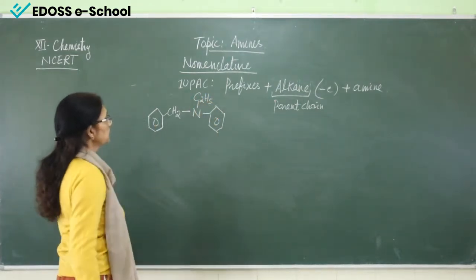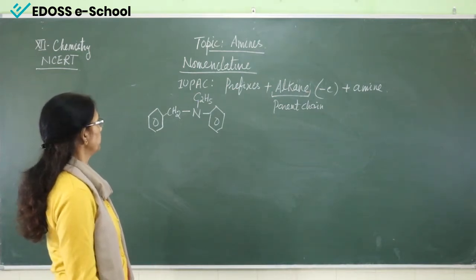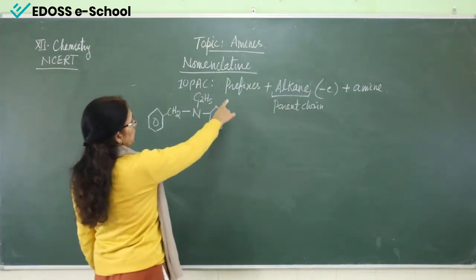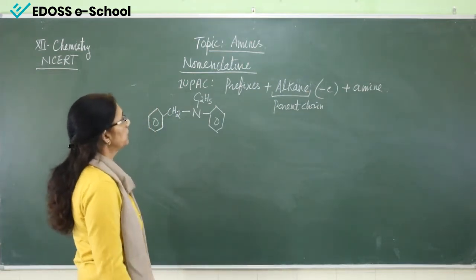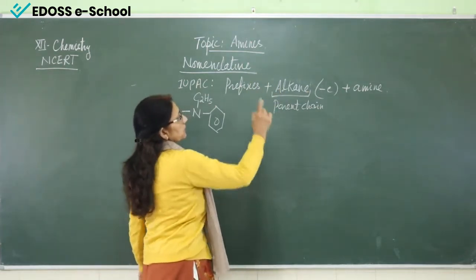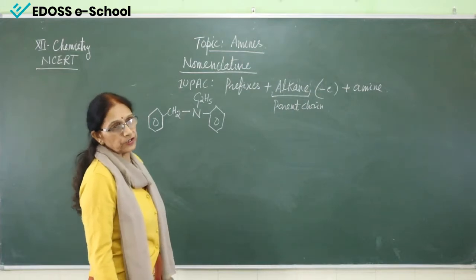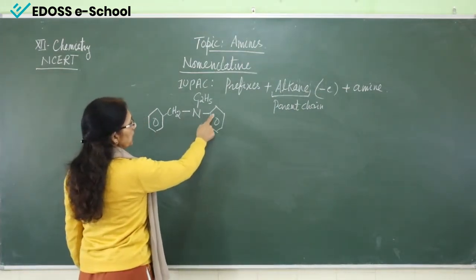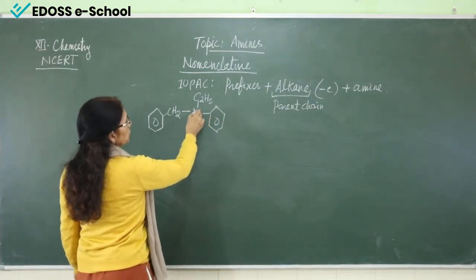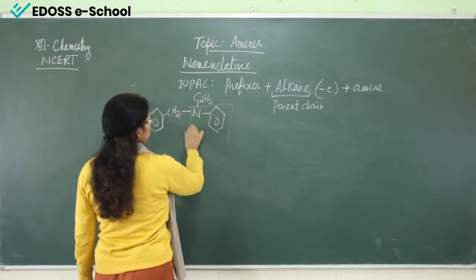Now see here, this is the compound and we have to name it. In the same way, prefix and alkane. First of all we will find out which is our parent chain. The parent chain is this nitrogen, which is attached to this benzene ring.